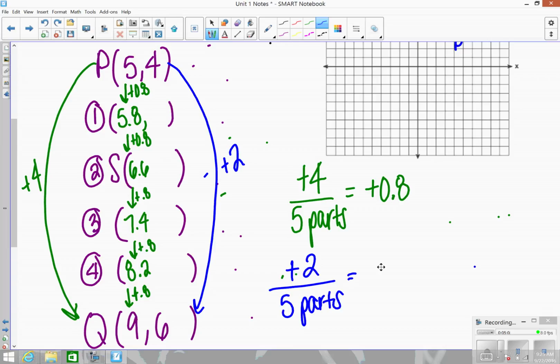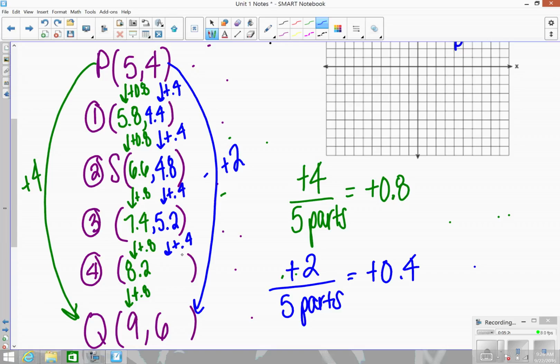When you divide that, you get 0.4. So you're going to be adding 0.4 each time. So we get 4.4, add 0.4 again, you get 4.8, add 0.4, get 5.2, add 0.4, you get 5.6, add 0.4, and you get 6.